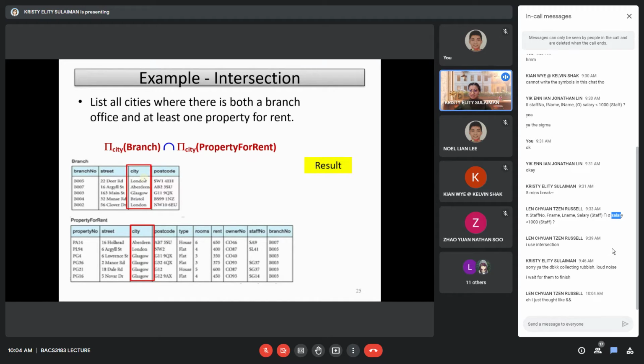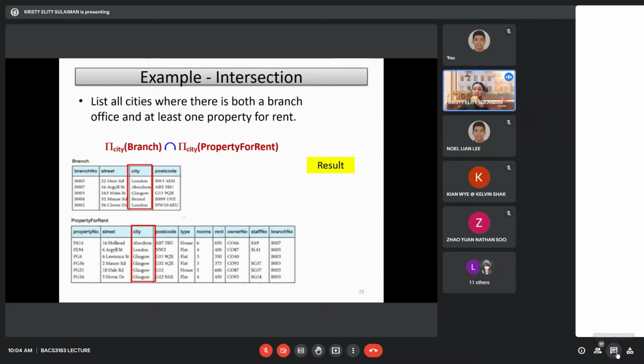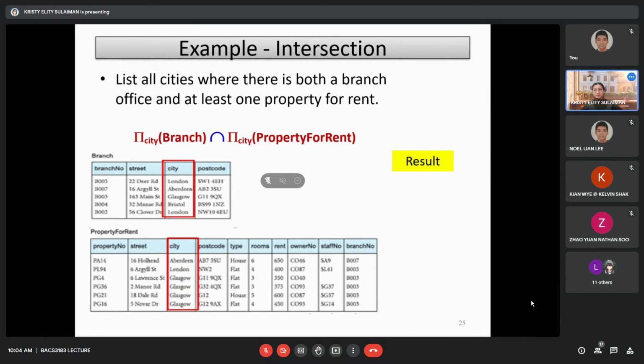The intersection in programming, and you mean intersection, like the symbol I read? Okay, so is it intersection or union?